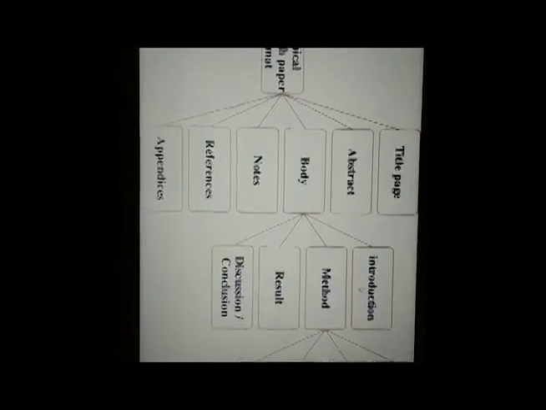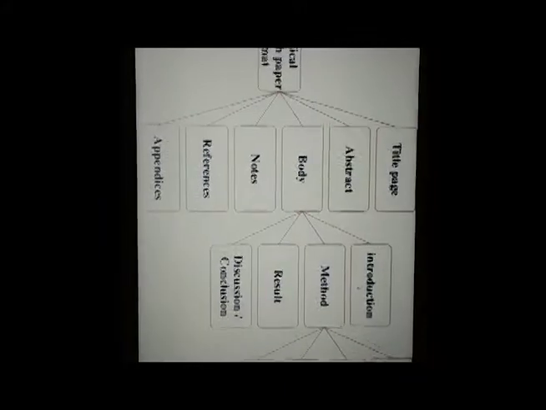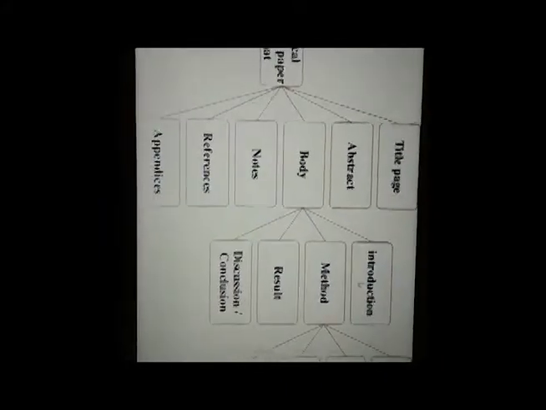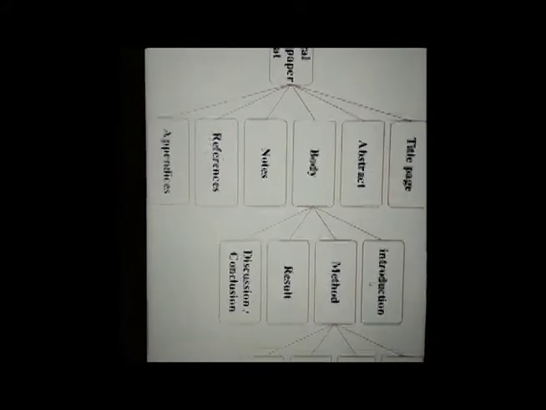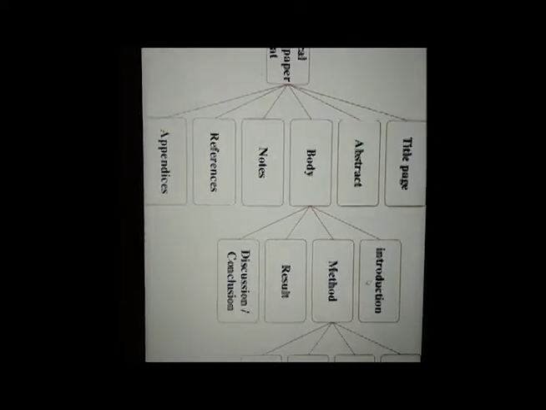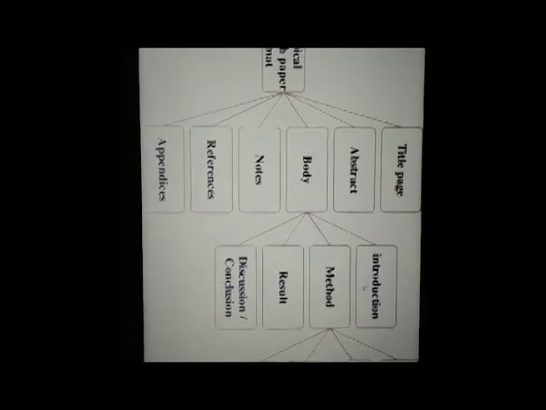You should find out the reason or the problems that exist in the school or in the place of the research that you are conducting. Okay, that should be mentioned in the introduction part.